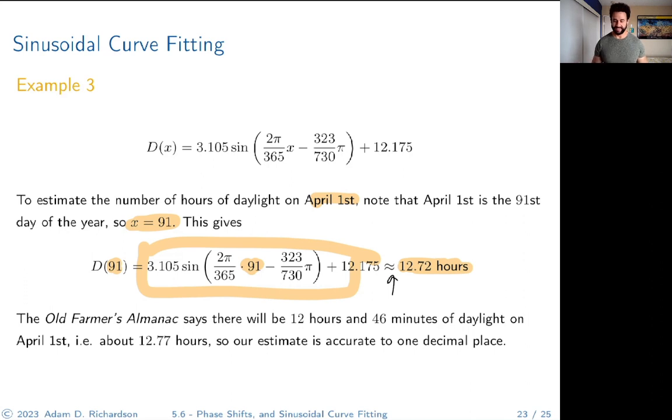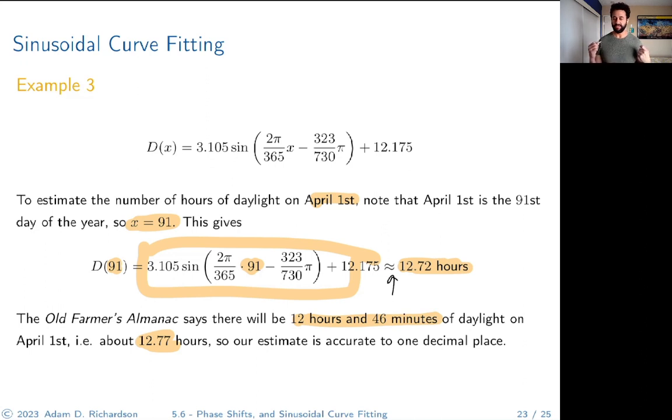Now, for comparison, the Old Farmer's Almanac says that there will be 12 hours and 46 minutes of daylight on April 1st, or in other words, 12.77 hours. So our estimate is accurate to one decimal place, right? In essence, the model we constructed is exact up to one decimal place.